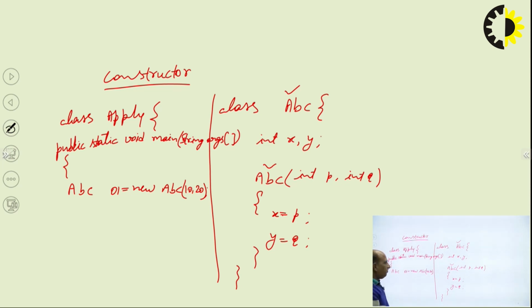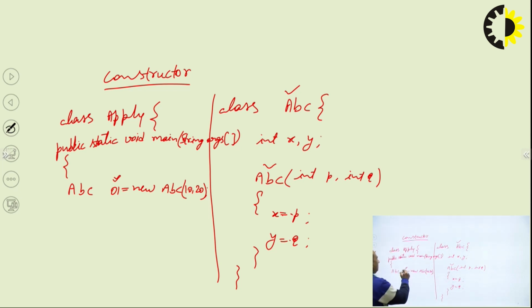Whenever this object is created at runtime, this 10 and 20 will be passed to this p and q, so now p has 10 and q has 20, which means 10 has been assigned to x and 20 has been assigned to y. At the time of creation of the object, this constructor is initializing the class instance variables.